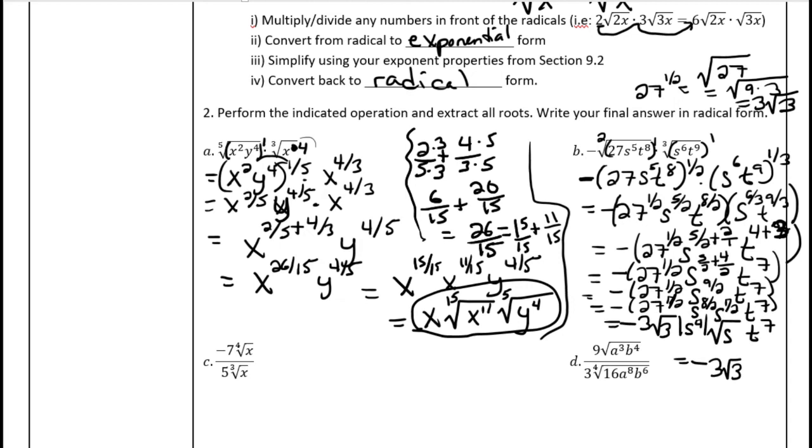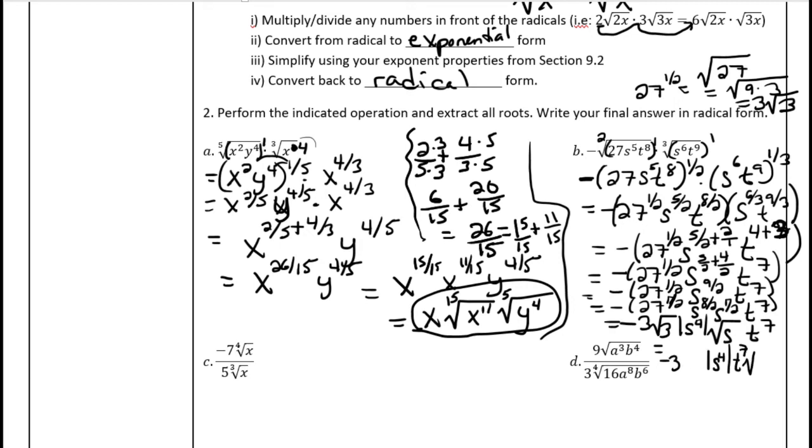Let me give myself some more room here. So -3 square root of 3. Absolute value, s to the 4th. I got t to the 7th, and then square root. Oops, sorry guys.